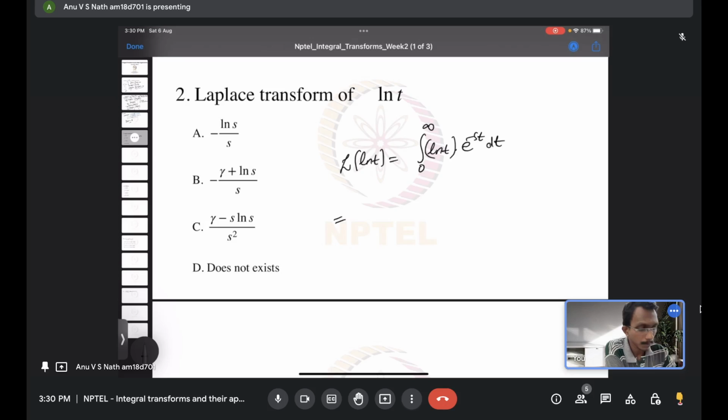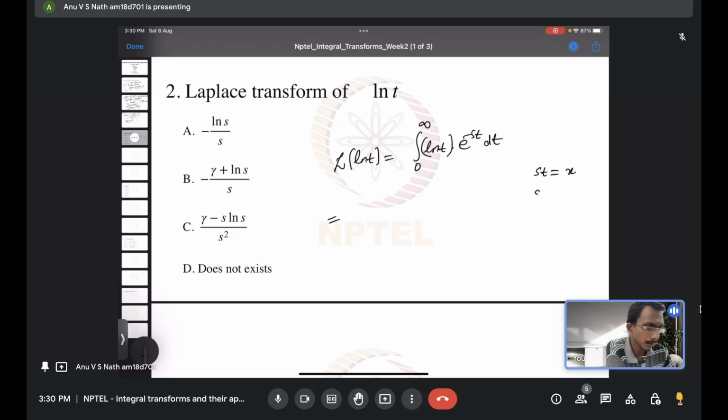So this integral, we can do a product rule, but that's actually a complicated process. An easier method is a substitution. We put st as a new variable, let's say x, so s dt is equal to dx.